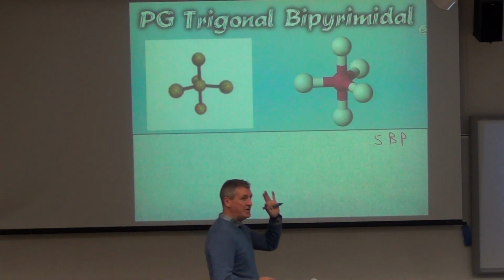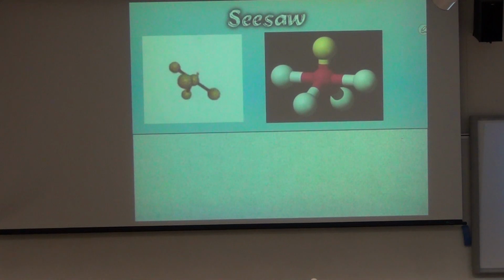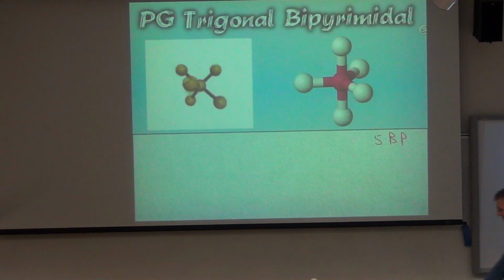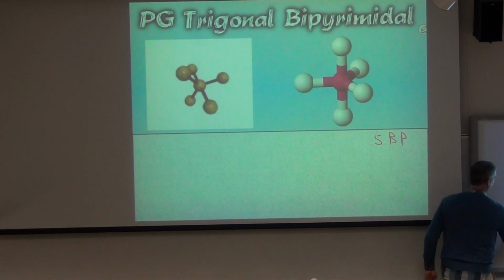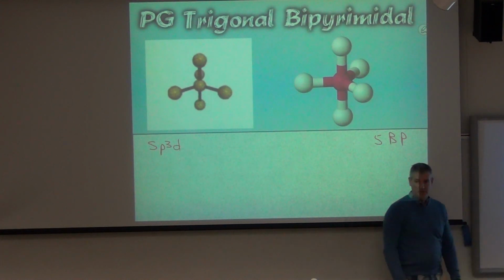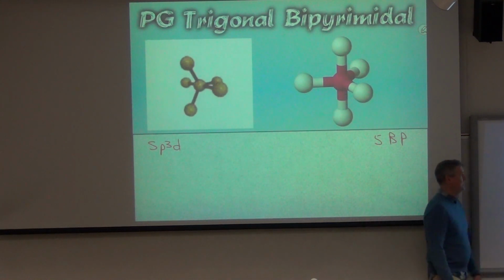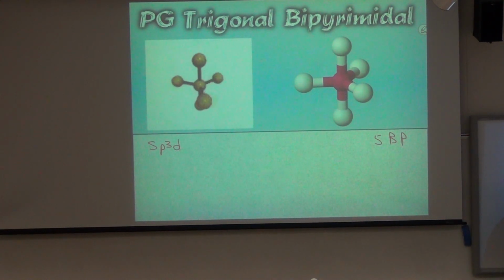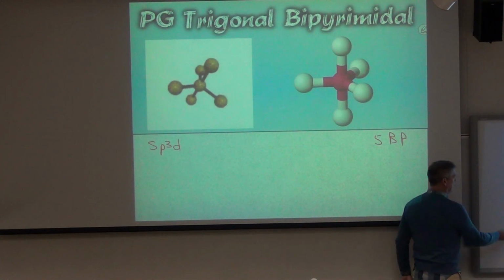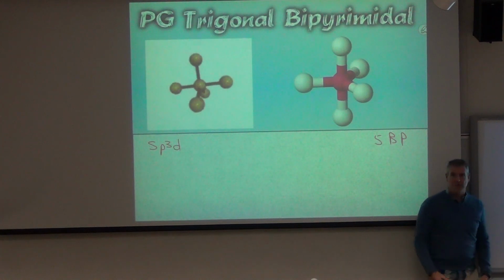So once we run out of p orbitals, we're going to start hybridizing with our d's. So it's going to be sp3d. 5 bonding pairs, 1, 2, 3, 4, 5 orbitals.